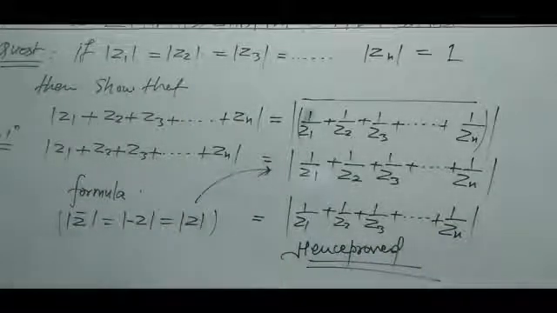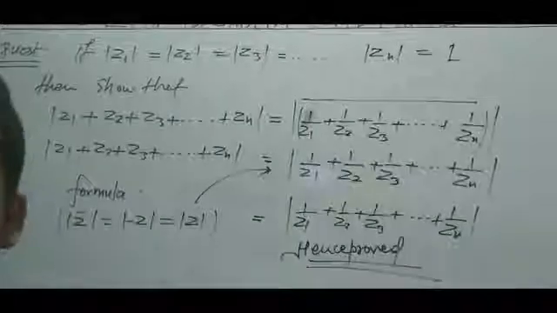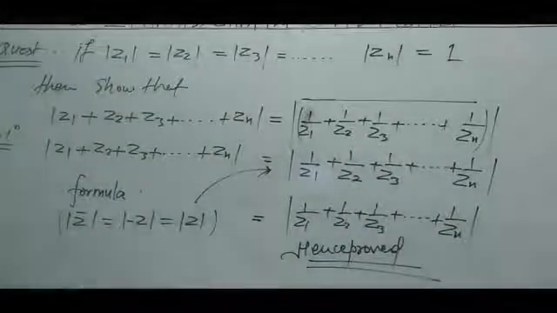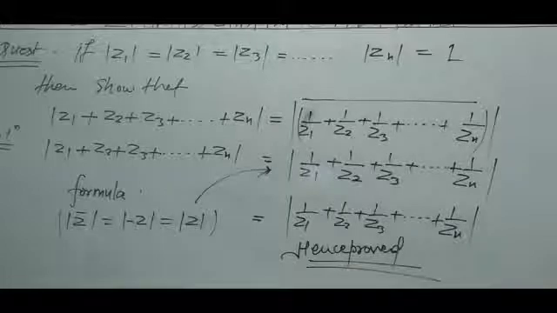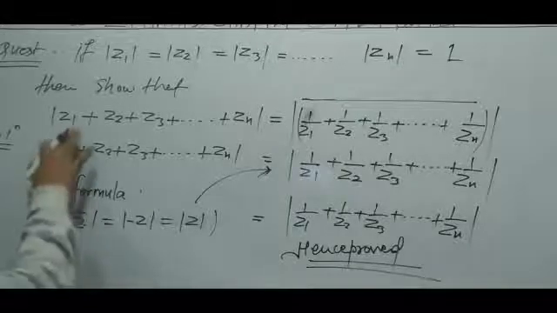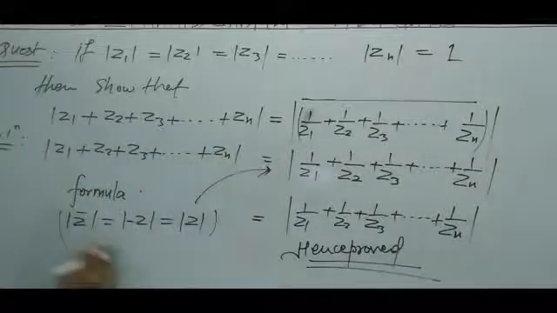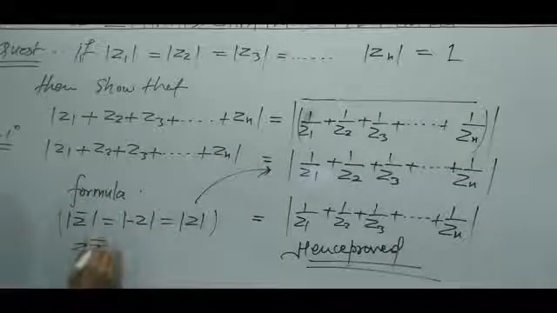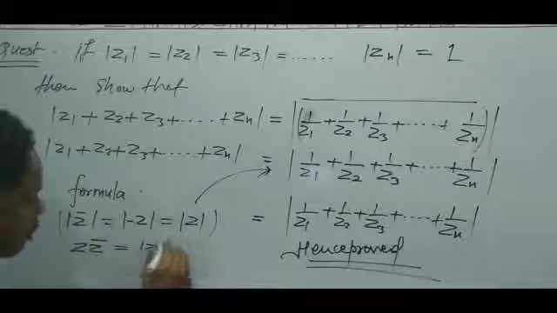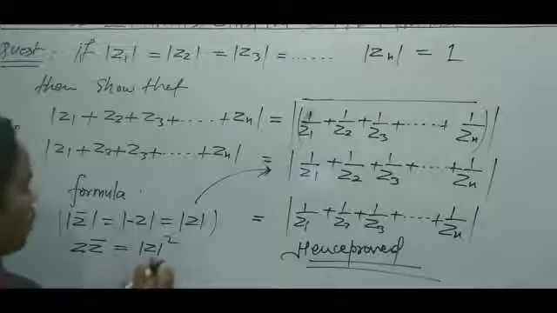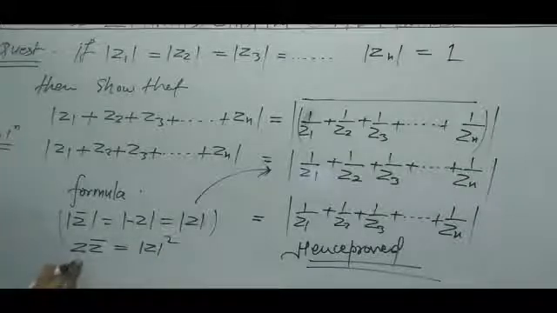In this question we have used some formulas related to modulus. Which formulas have I used? This formula, z into z bar is equal to mod of z whole square, we have used in the first steps. How does it come?